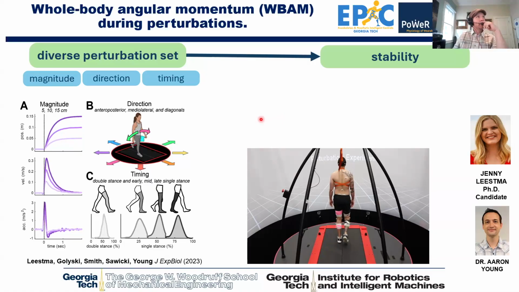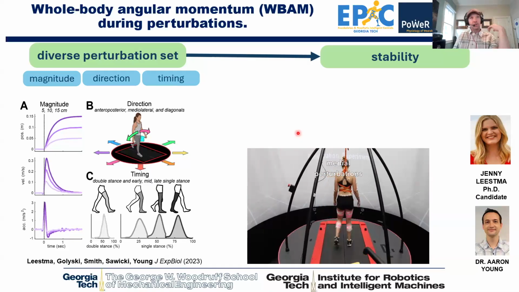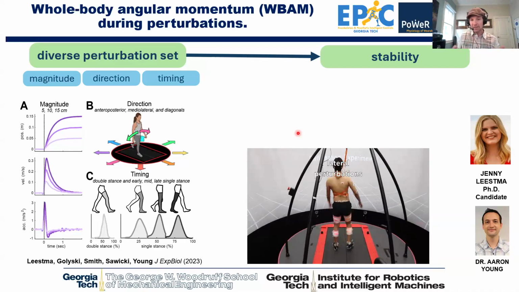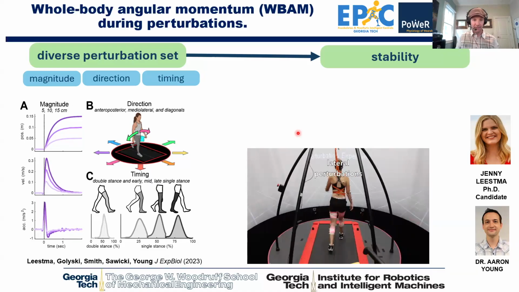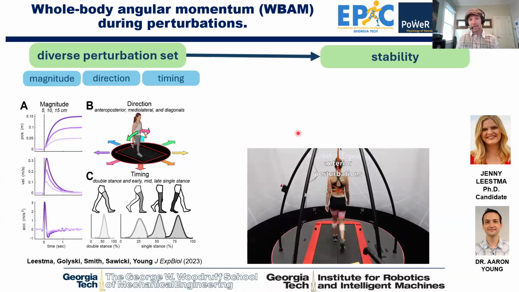Okay, I'm gonna keep going. So we'll come back to the whole body angular momentum idea now, but this time we're gonna think about larger scale perturbations during walking. So remember I mentioned that folks have been using angular momentum regulation to look at differences between populations like amputation or Parkinson's or stroke during steady state walking.